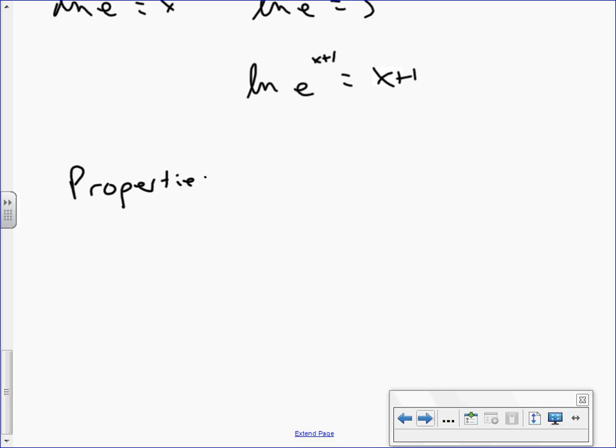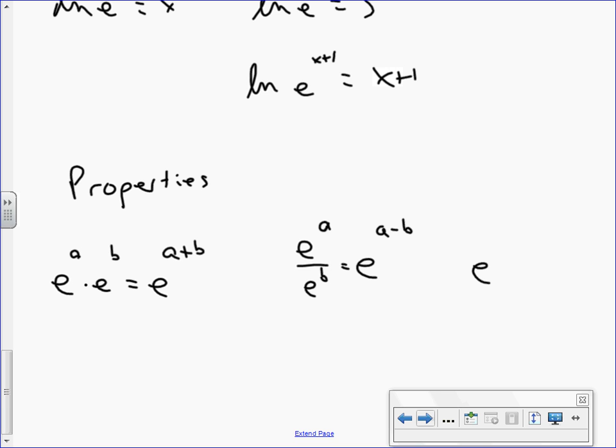Exponential functions follow all the properties of anything that has exponents. I think it just feels a little bit funny when we do them. If we have e to the a times e to the b, that's e to the a plus b. If I have e to the a divided by e to the b, that's e to the a minus b. And if I have e raised to one power and raised to a second power, then I multiply those powers.